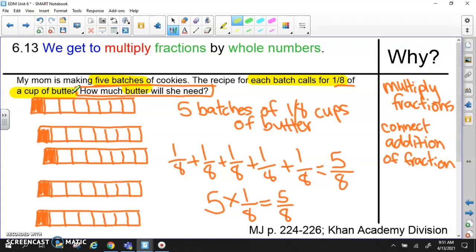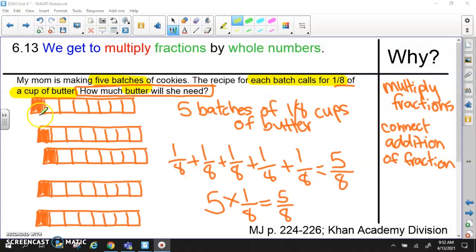So if you can imagine, each of these bars here is a batch of cookies, all right? Each one of these bars represents how much butter you would need in a batch of cookies. So it says 1/8 of a batch, right?